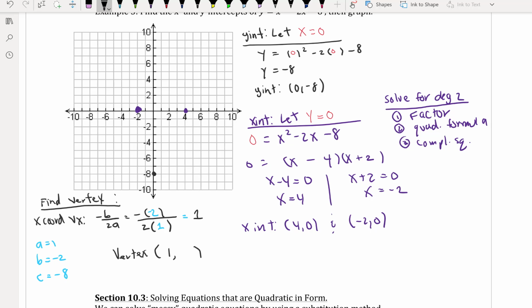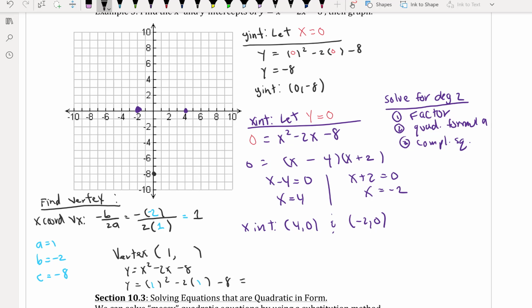I'm going to plug that 1 into my original equation to get the y coordinate of the vertex. So remember, y is equal to x squared minus 2x minus 8, and the value that I'm plugging in is 1.